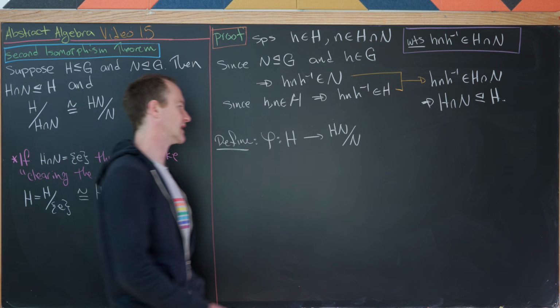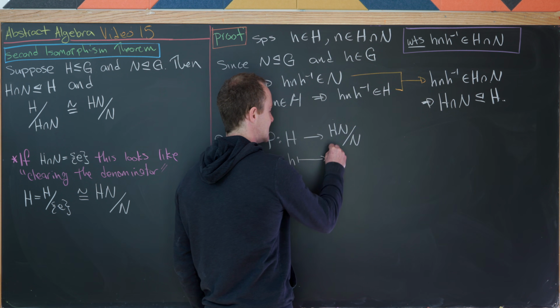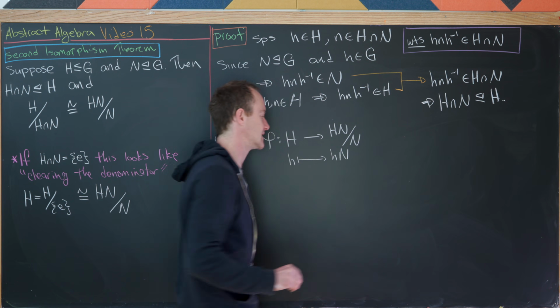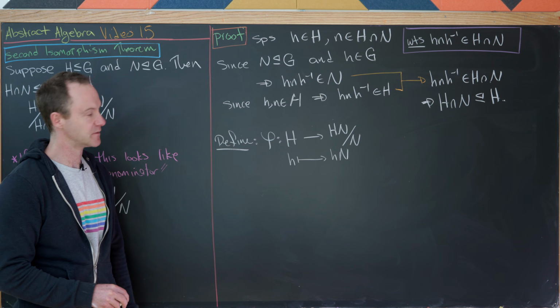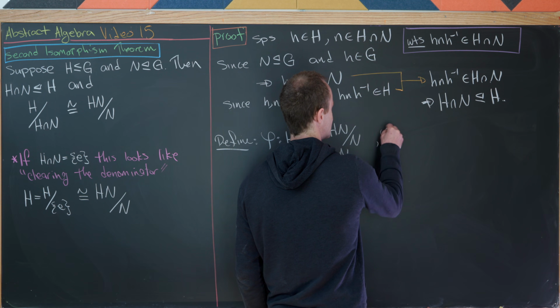Okay, so how are we going to define this map? Well, let's take the element h and send it to the coset connected to hN. Now, I think this is pretty clearly a homomorphism, but let's just check to be sure.